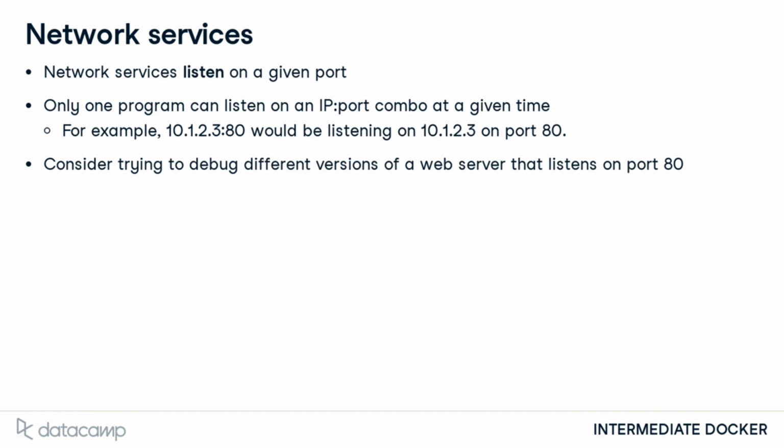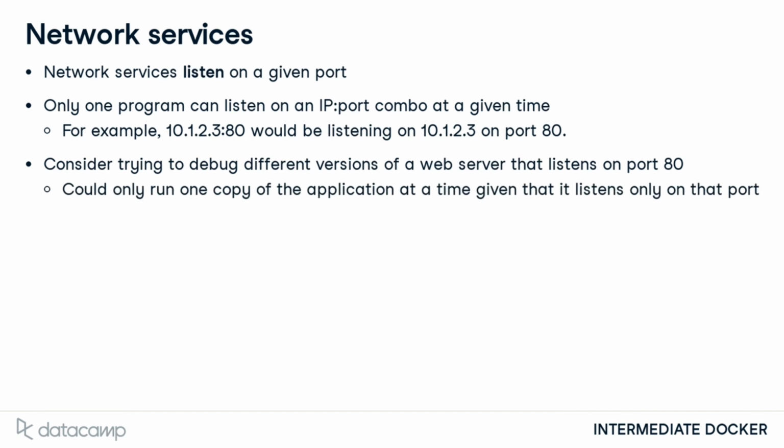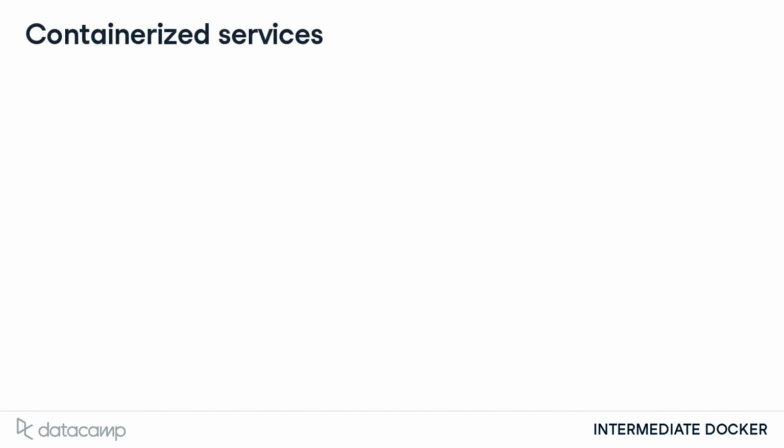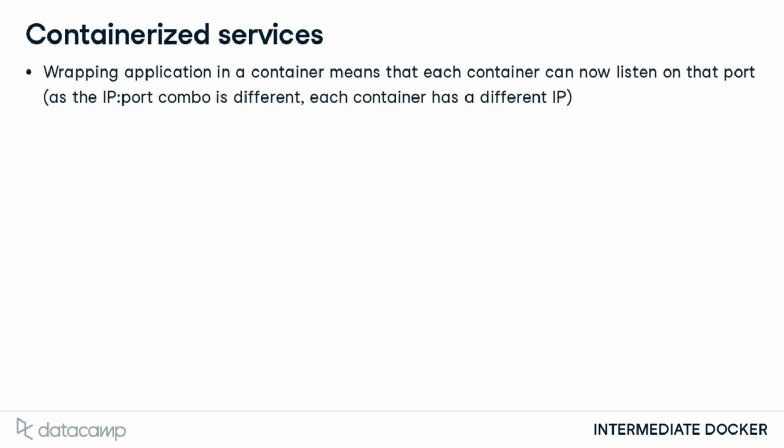Consider what this would mean if we were trying to debug different web server versions that listen on that port. We could effectively only run one copy of the application, given that only one program can listen on that IP port combo. We can partially solve our problem by wrapping an application in a container, meaning each container can now listen on the port.